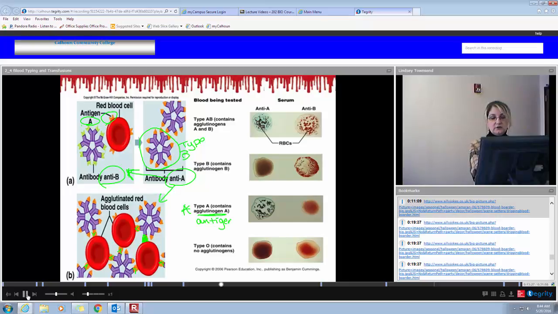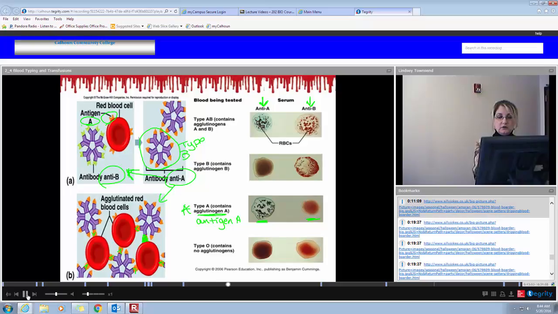Let's use the easy word, right? Antigen A. All of these in this row have anti-A serum, or serum containing anti-A antibodies. All in this row is serum containing anti-B antibodies. So remember, this has anti-A antibodies, this has anti-B antibodies.